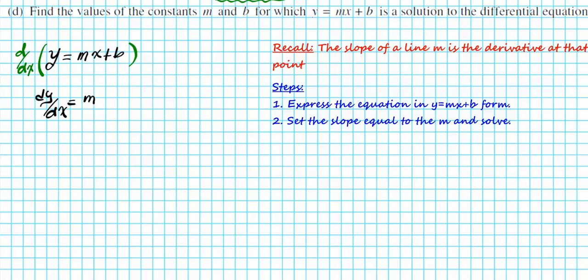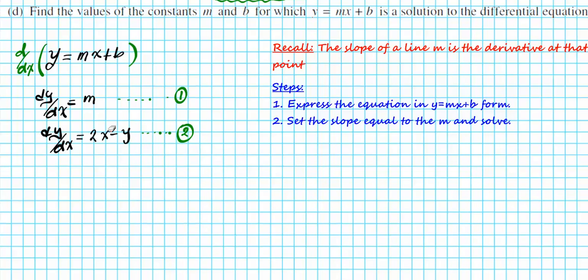So we have a differential equation. Think about solving systems of equations, okay? So let's say this is equation 1. Now we have to come up with a second equation, which is a differential equation. Differential equation dy/dx is equal to 2x minus y.